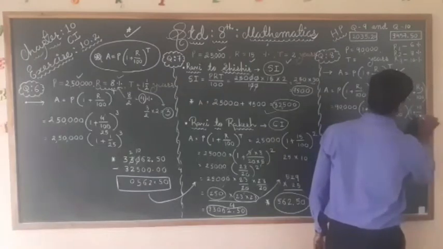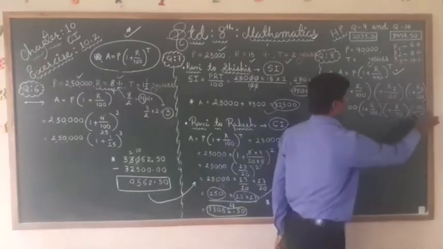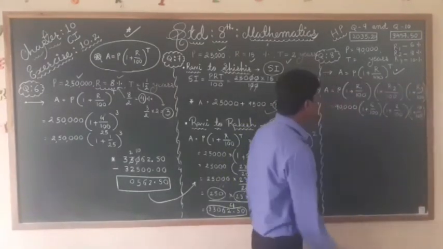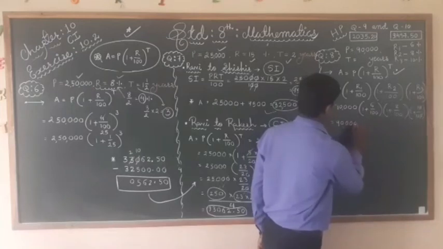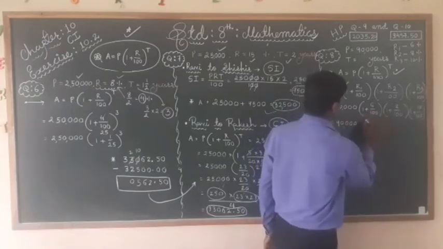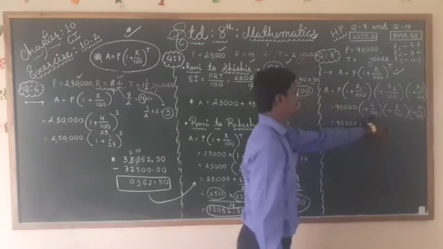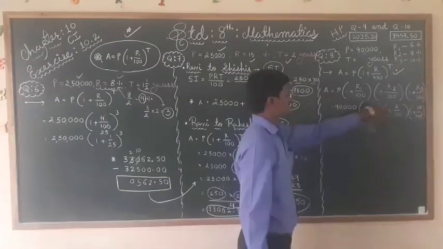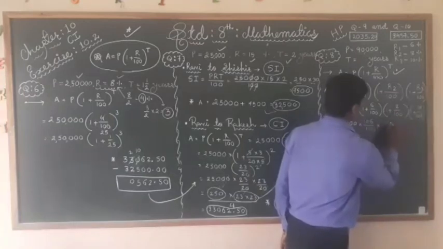Okay, so here this 0 out. Now make it simple. 90,000, then this one 106 divided by 100, because you can take the LCM and make it a fraction. And here 108 upon 100.